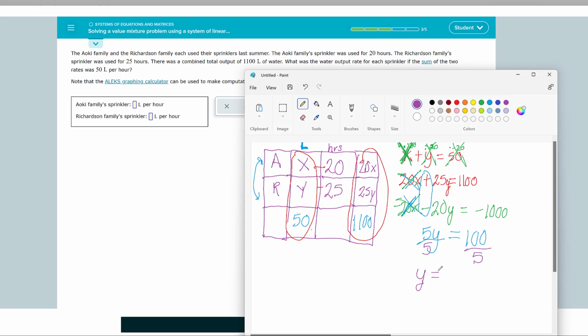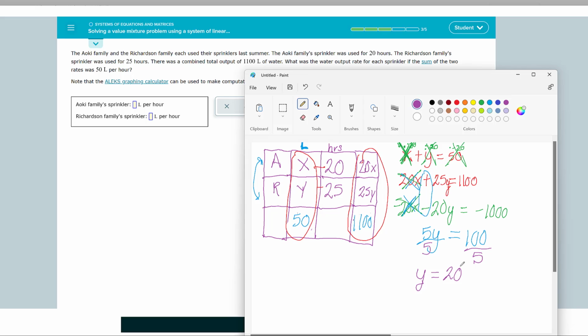Which is going to give you 20. I had to stop and take a second. So it's going to give you y equals 20. So now we know our y.